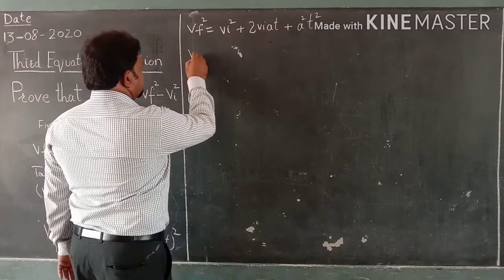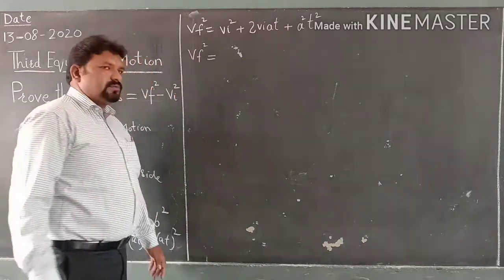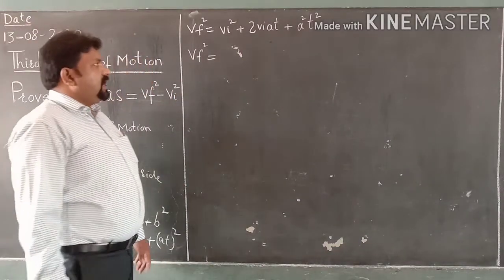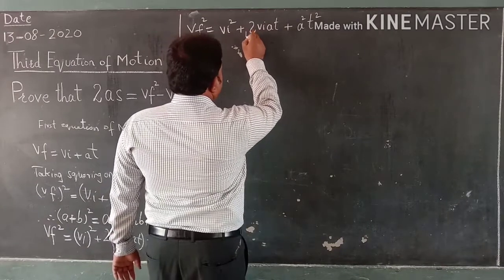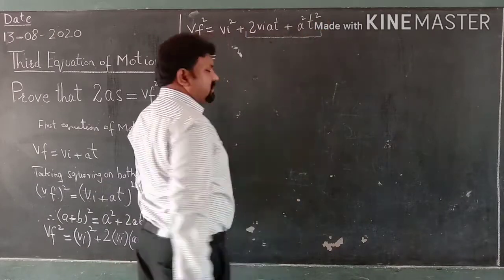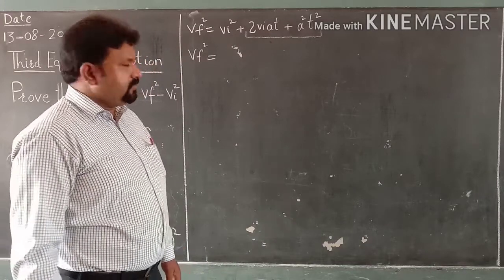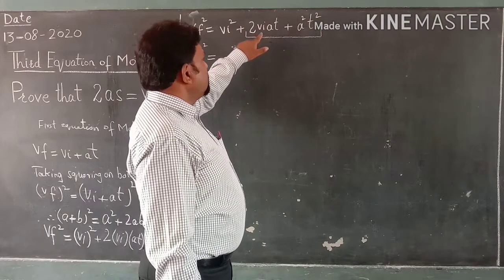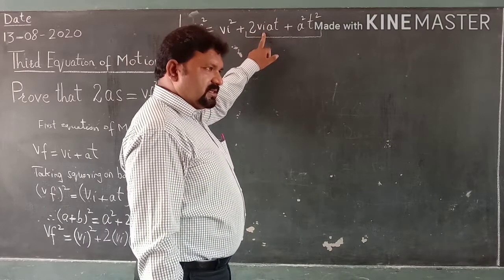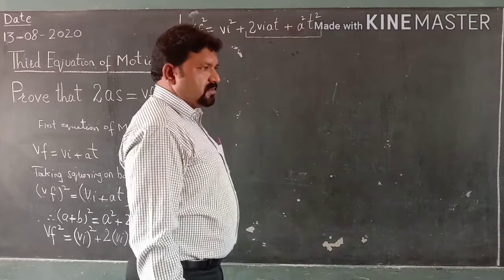So in the next step Vf square is equal to, class, actually in these terms we will take the common 2a. Actually 2 is present in this term but 2 is not present in this term.